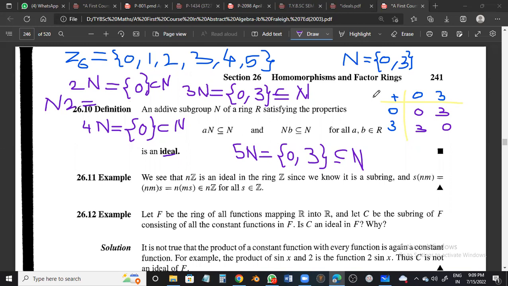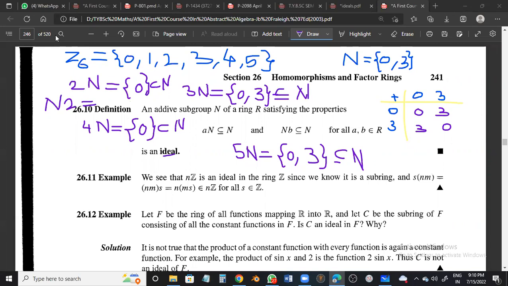It must be, first of all, an additive subgroup. That is the first needed thing. What next? Next, we check with each and every element of my parent set. What is my parent set here? Z6. So we try with every element.